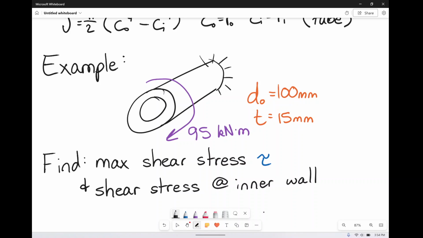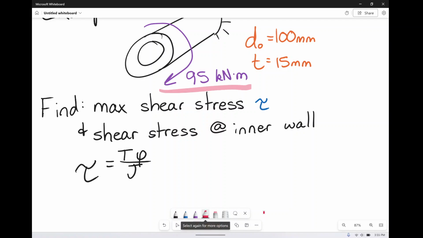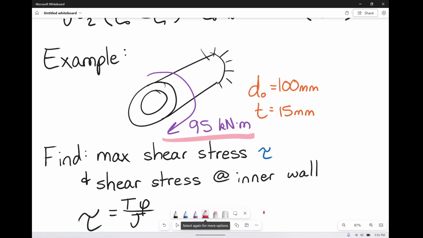Let's hop to it. First things first, you know that our equation is tau is equal to T times rho over J. T is torsion given right there, cool. Rho is the outside radius if we're going all the way to the outside wall for the maximum, or for the inner wall, it's going to be the inside radius.